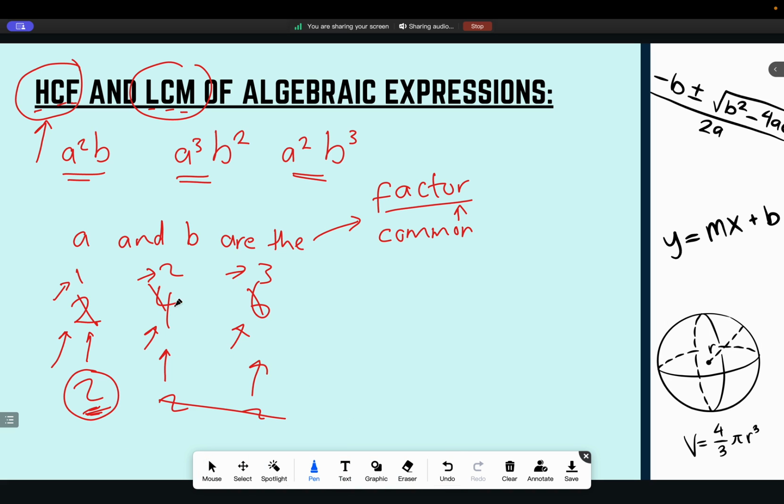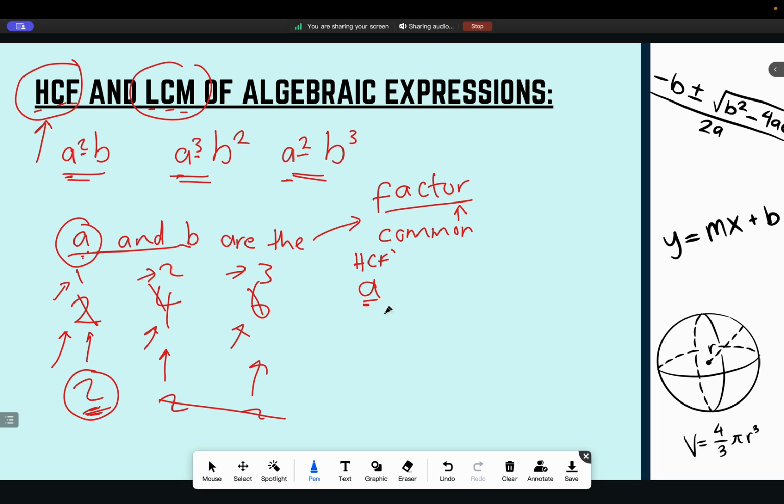The same concept applies here. We have a in every expression, so we say a is the common factor. But when we are looking for the highest common factor with a letter like this, we look for the letter with the lowest power.